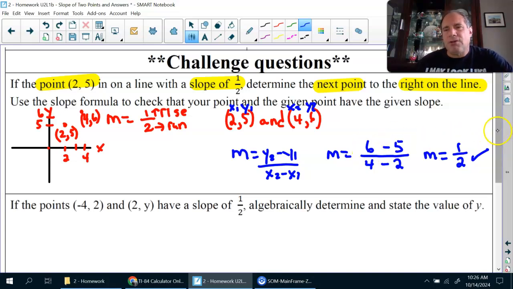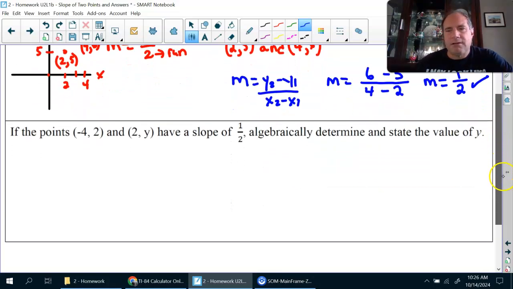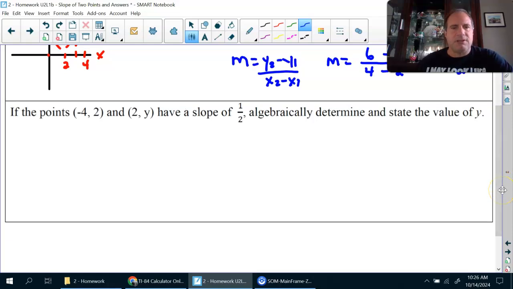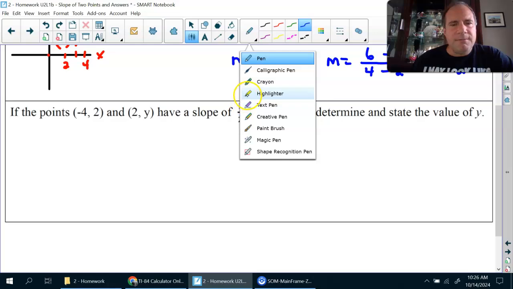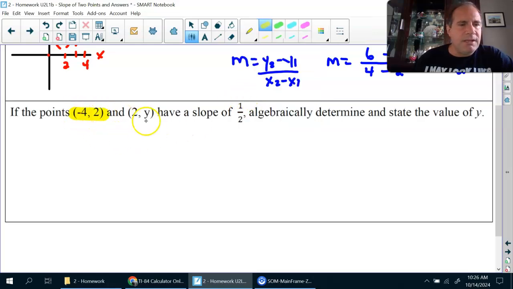All right. So here we go with the next question. I would do this a little bit differently. All right. So just think about the information they give you. They give you 1 point and they give you half of the other point, which is now making this a little bit changed. It says algebraically determine.